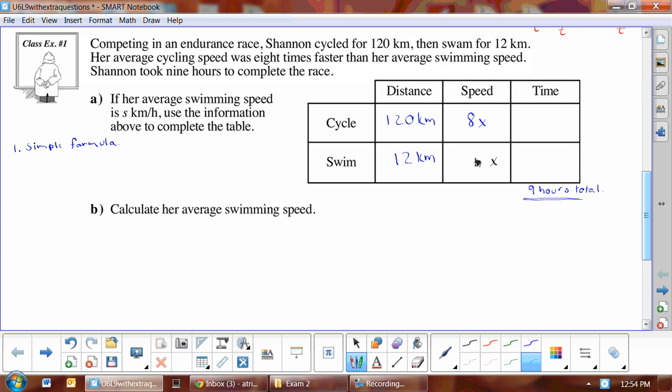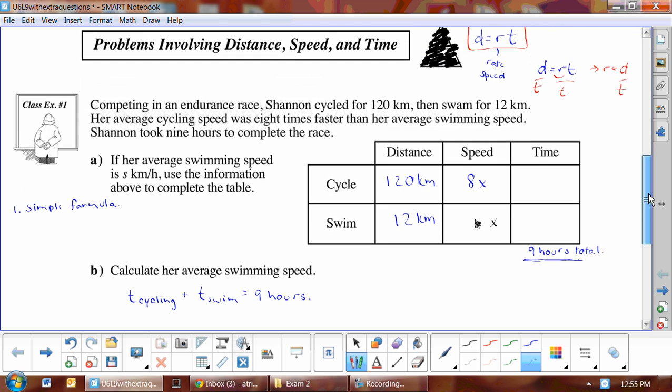So we know that the time of the cycling plus the time of the swim is equal to 9 hours. Right? That makes sense to everyone, right? 9 hours total. We're both biking and swimming. So those added together should equal 9 hours.